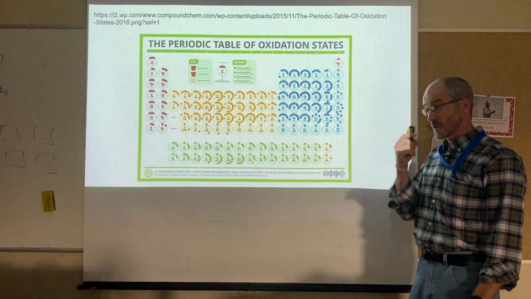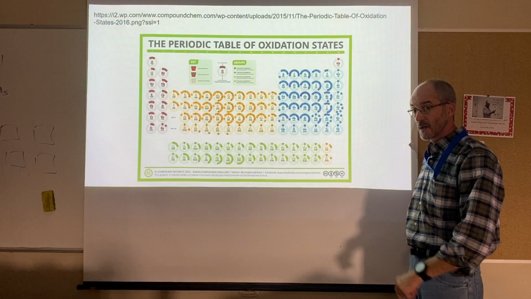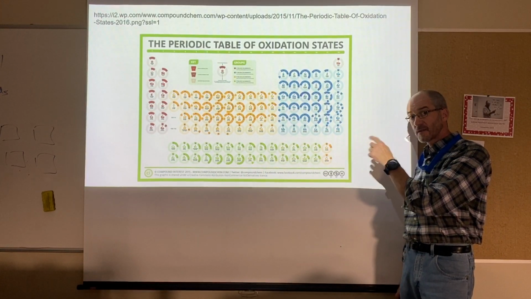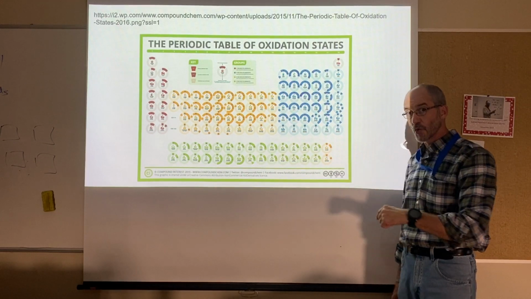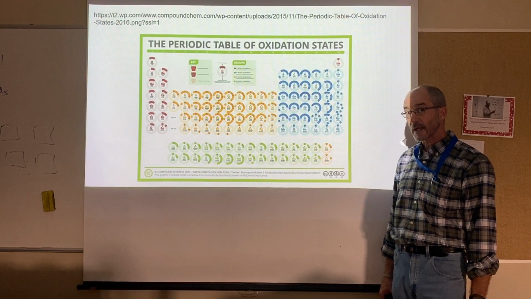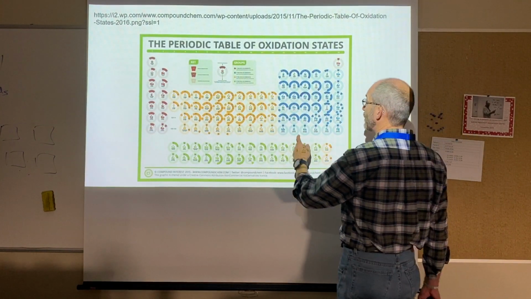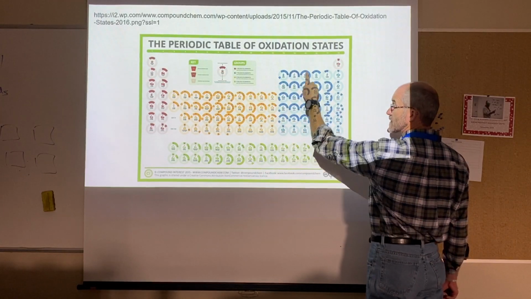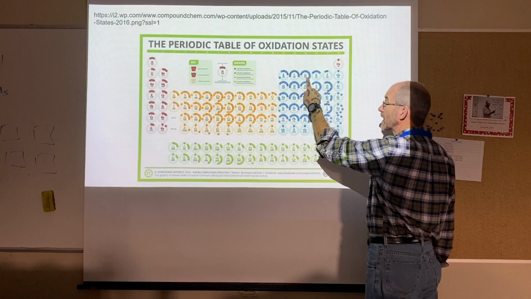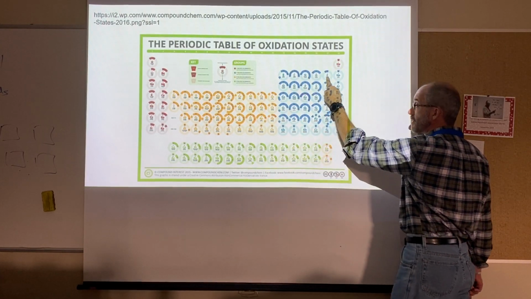Now think about where I got those values. Think about your valence electrons. Think about how we counted across. Think about how close each one of those is to the octet. If you're not very close, you're going to give. If you're close, you're going to take. When you take, you're going to take what you need to reach the octet. So if I have 5 valence electrons right here, I only need 3 to reach the octet. That's where the -3 comes from. If I'm here, I only need 2. It's where the -2 comes from. If I'm here, I only need 1.